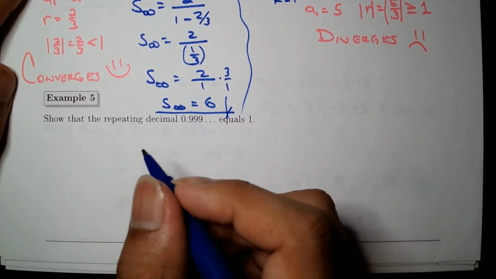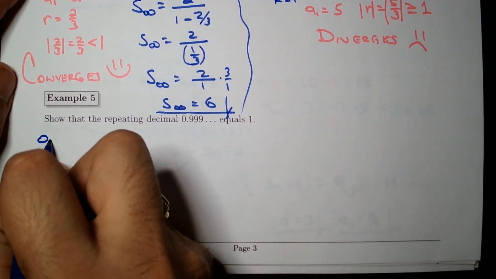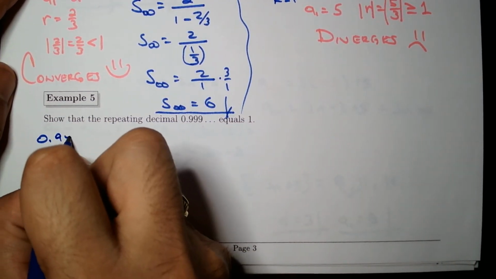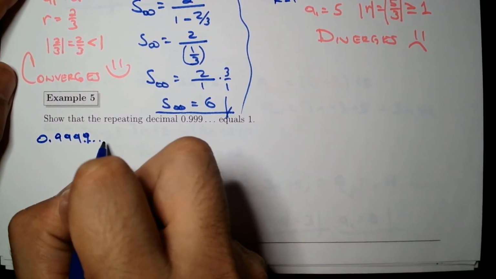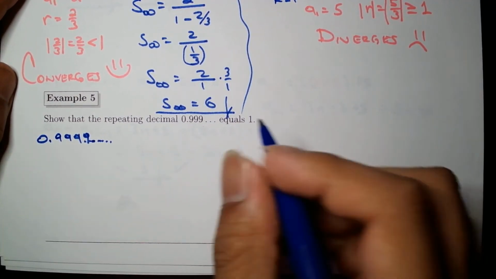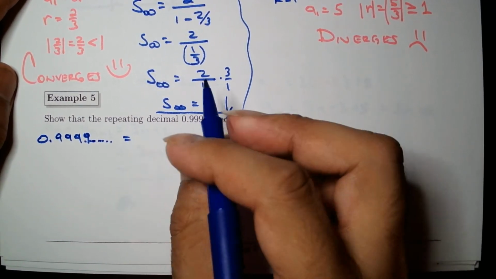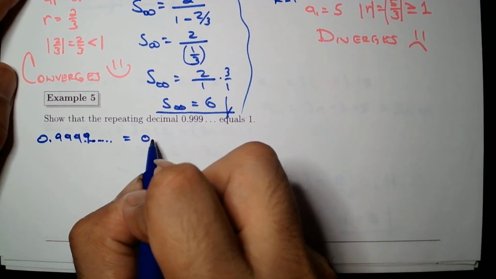Let's start by rewriting the number 0.999..., going on forever. Hopefully we all agree with this.